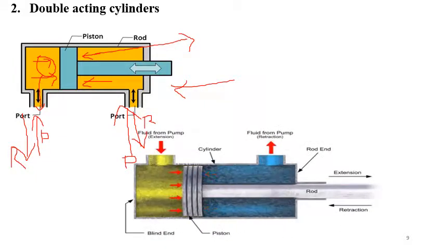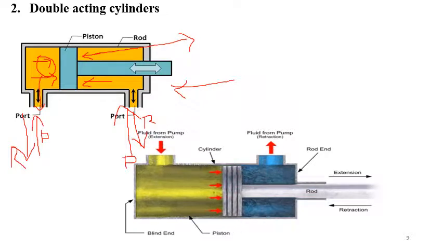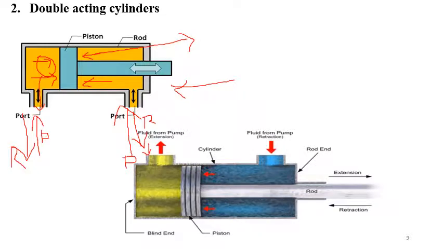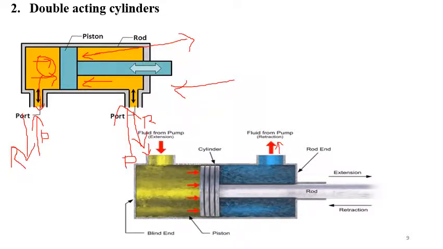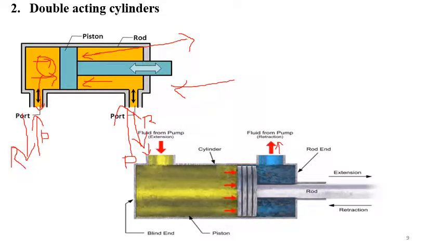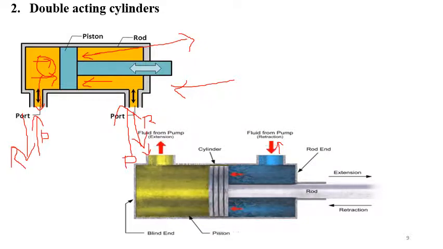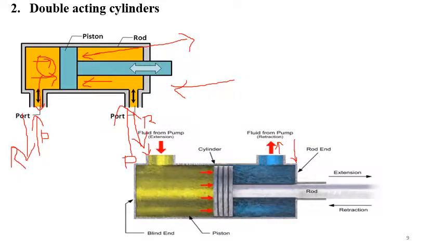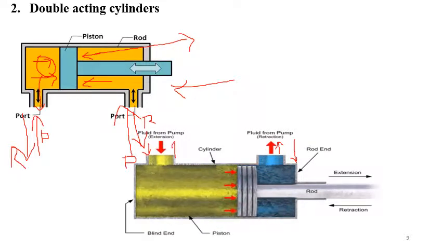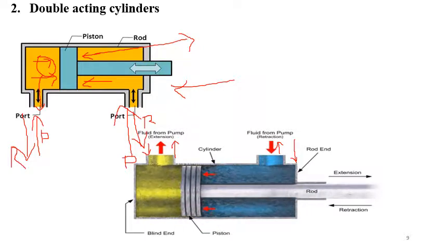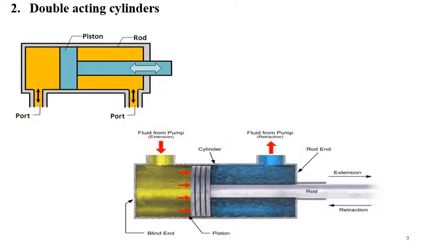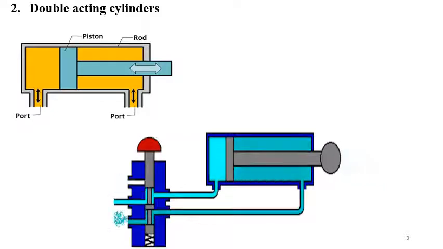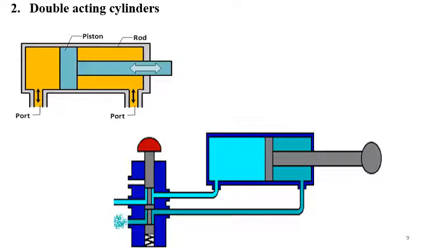Look at here, during extension stroke, meaning outward stroke, this one acts as inlet and this one acts as outlet. And during retraction this port acts as inlet and this port acts as outlet. Look at this. Extension, retraction.